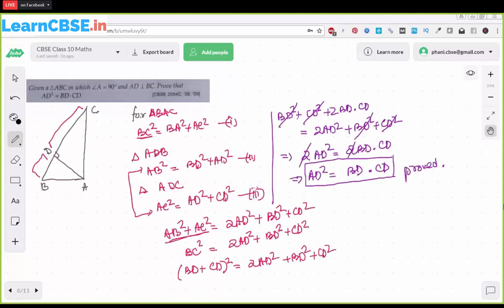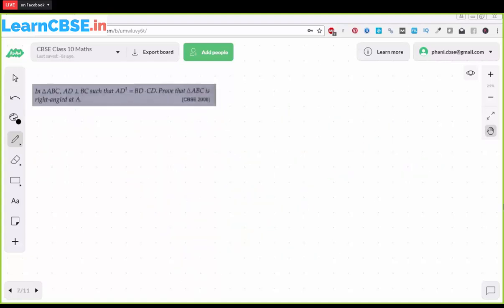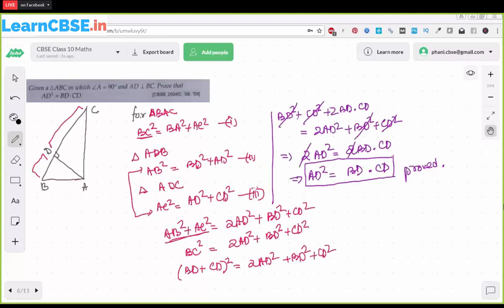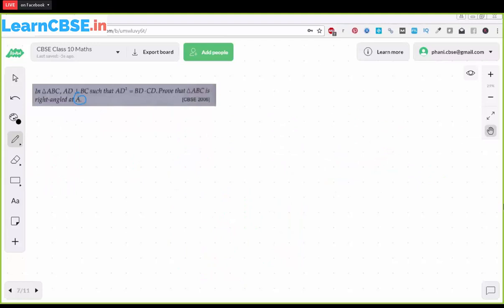So there is a simple change in these two questions. It is given that in a triangle AD is perpendicular to BC such that AD square equals to BD into CD, we have to prove ABC is right angled at A. So it's a kind of converse of the previous question. So let's try it.